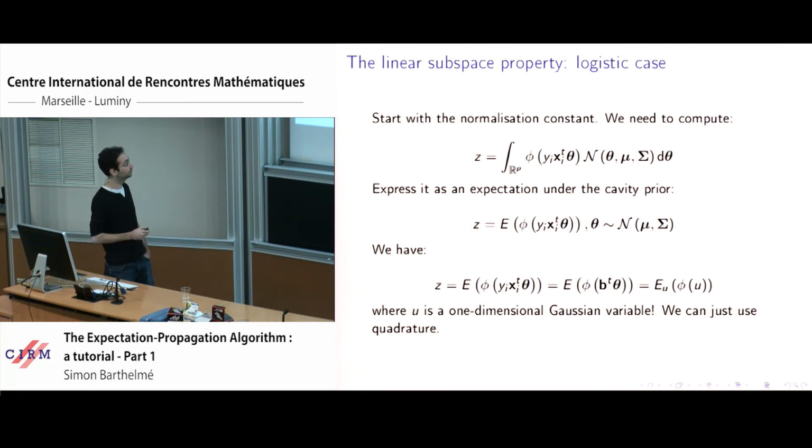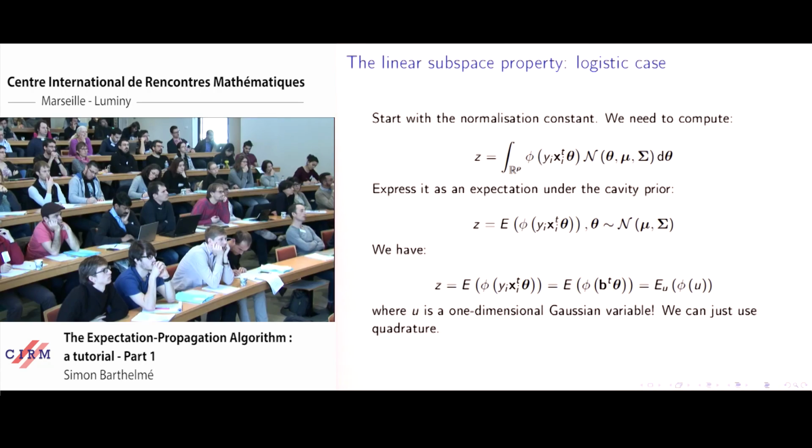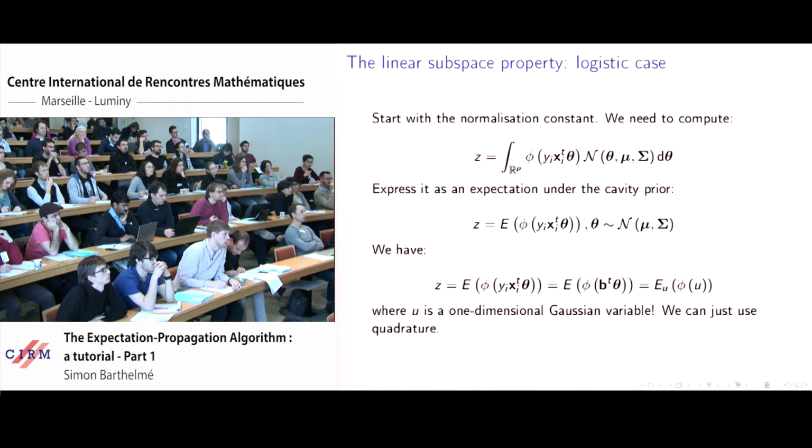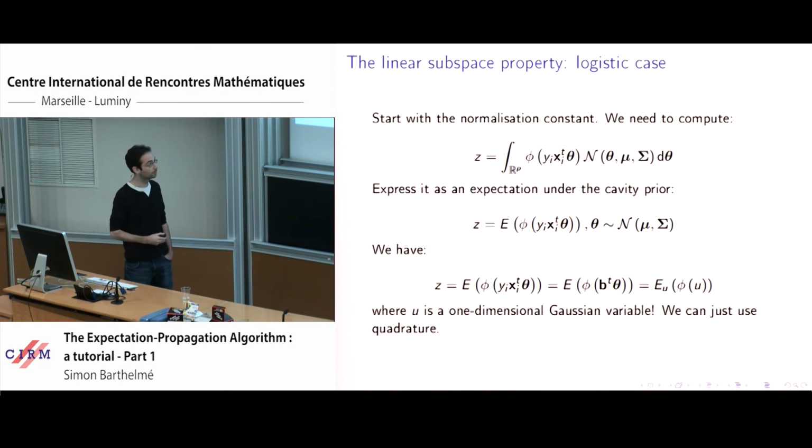In this case, if y_i x_i equals b, you have a new variable that you call b transpose theta. Call this u, and u is Gaussian because it's just a linear sum of Gaussians. It stays Gaussian. I'm just computing the expectation of some nonlinear function of a Gaussian. That's easy.